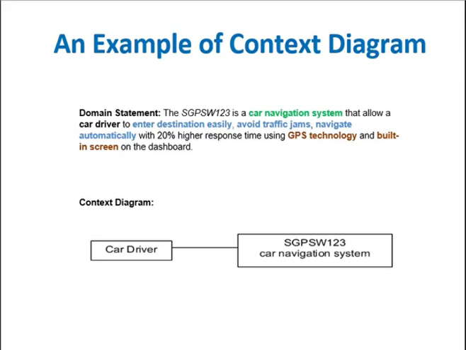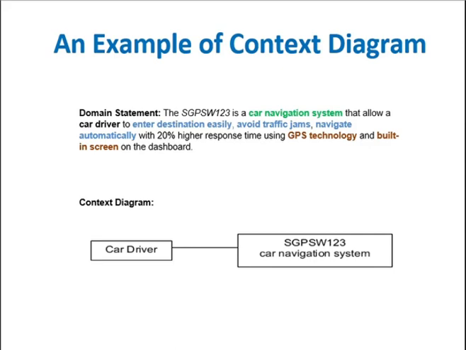Okay, and then this is part of the domain requirement as well. Yeah, domain artifacts. So we have the context diagram. I believe that you have learned the context diagram in principles of software engineering. Is it? Have you learned the context diagram before? Yes. Yeah, okay, good. So this context diagram is a very simple one.